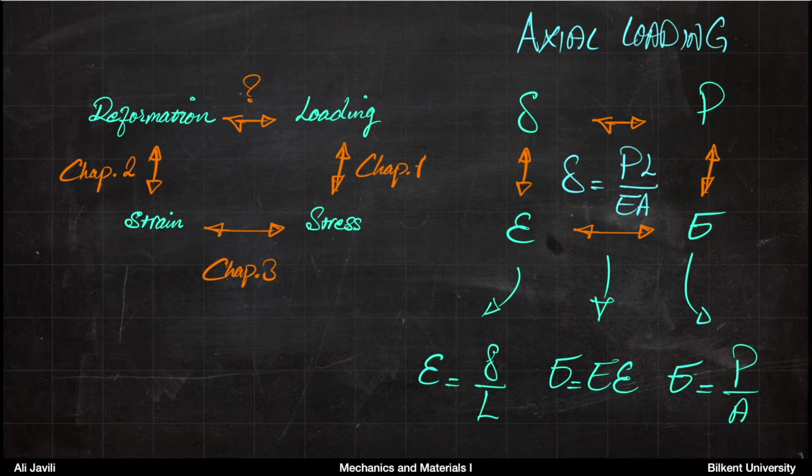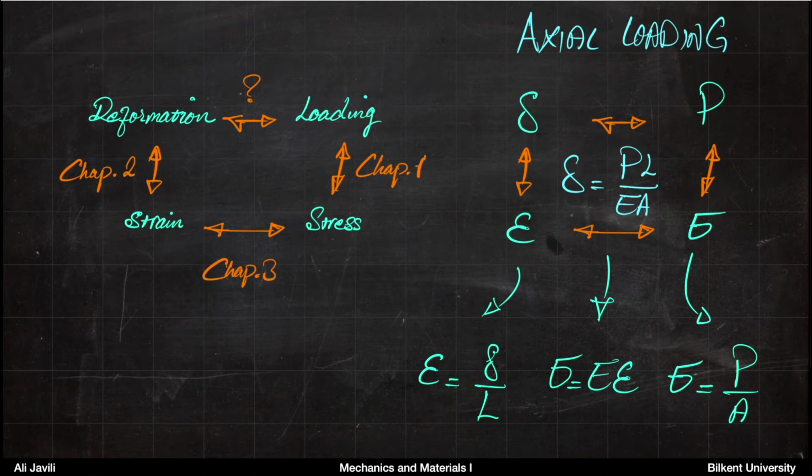Okay, if you put all that together, then you find the answer to that question. So to that big question, the relation between delta and P, well, that is delta equals PL over EA. So we have now that relationship.